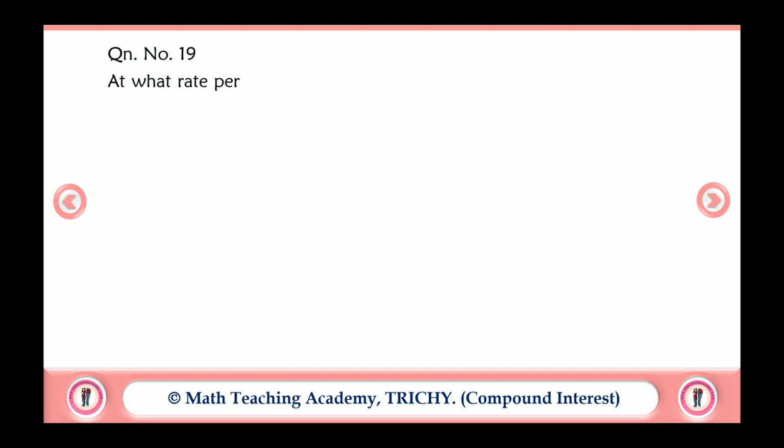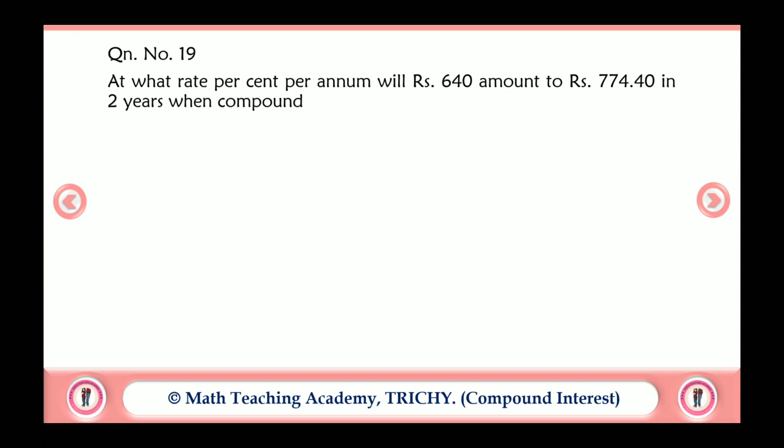And then question number 19. At what rate percent per annum will rupees 640 amount to rupees 774.40 in 2 years when compounded annually? So here it has been given that the principal is 640 and the amount compounded annually after 2 years is 774.40 and the period is 2 years.